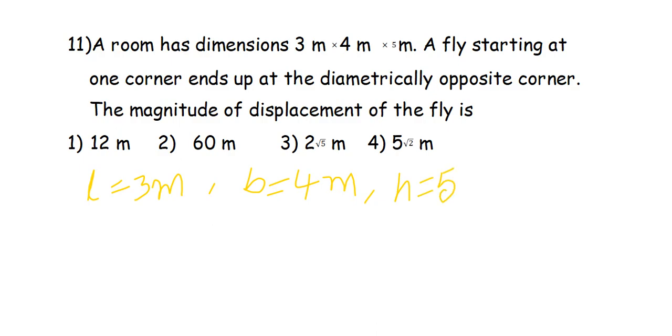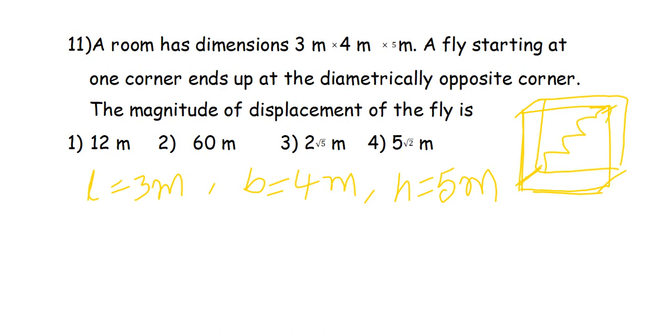So, a fly starts from one corner. Suppose that this is a room. This is length, this is breadth, this is height. So, it starts from one corner and it reaches the opposite corner. Find out the displacement of the fly.